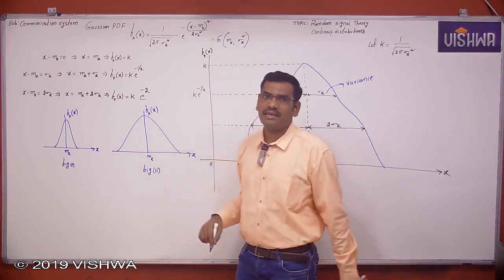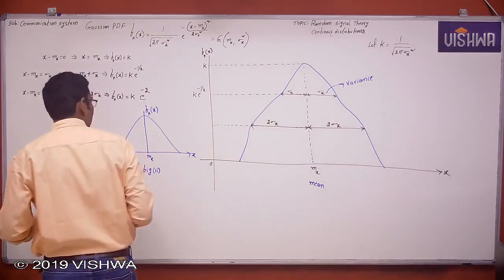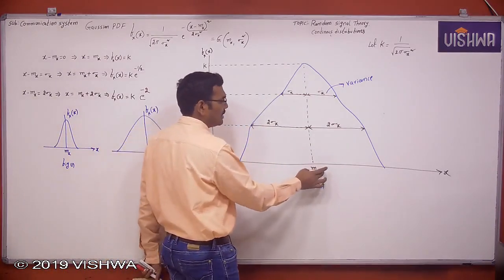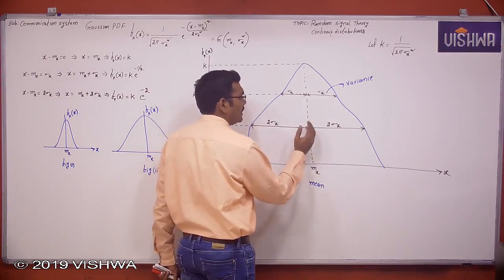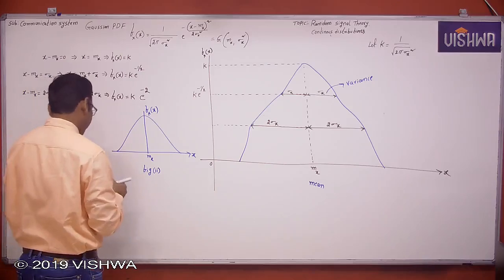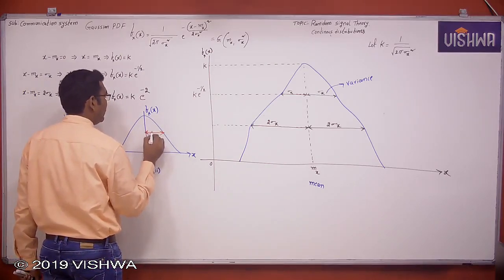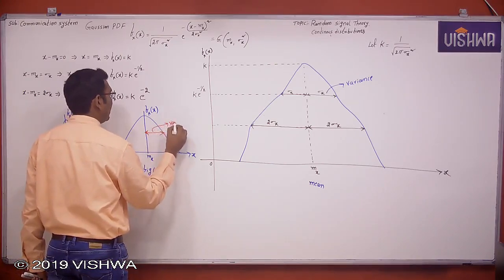So how can you decide? Any distribution has its mean as the centered value, and how much the distribution spreads from the center is called variance.